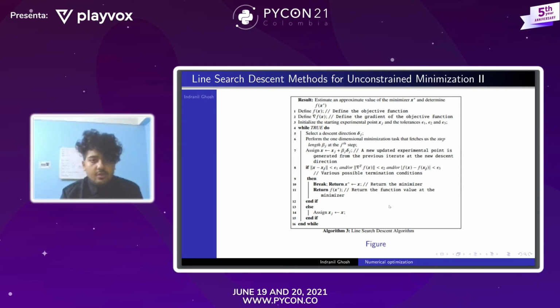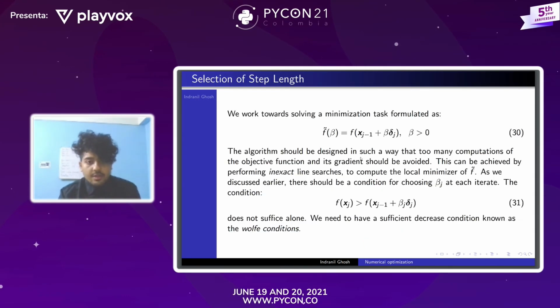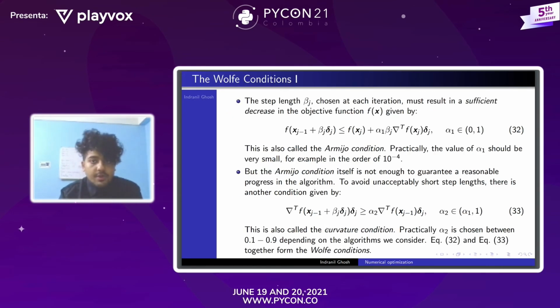Okay, so now we'll see how to find the step length beta_j for the j-th step. As we said, this is the task that we need to optimize, and this is the condition, but we use the Wolfe conditions for this task. The Wolfe conditions consist of two conditions.